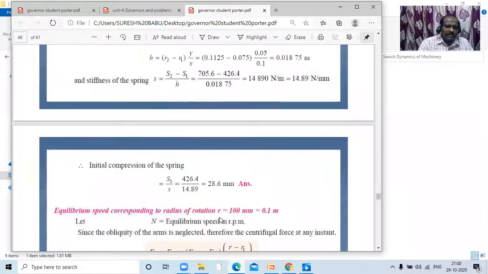Next, initial compression of the spring is equal to S1 by S. S1 is 426.4 by S, the stiffness of the spring we have calculated, that is 14.89. Thereby the answer is 28.6 mm.